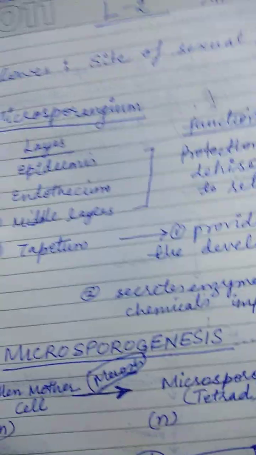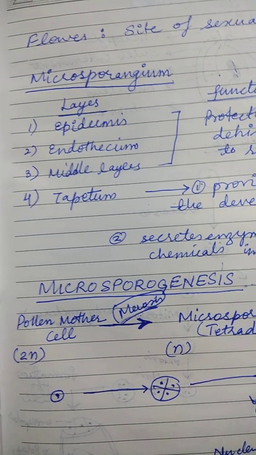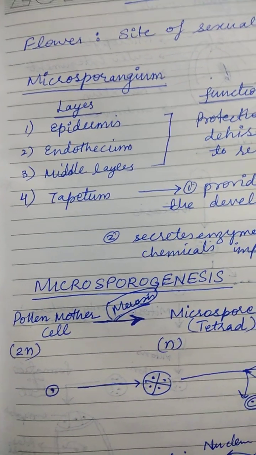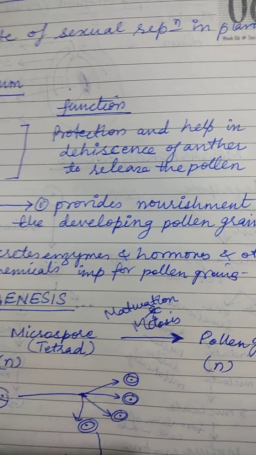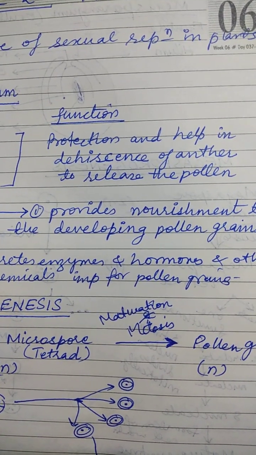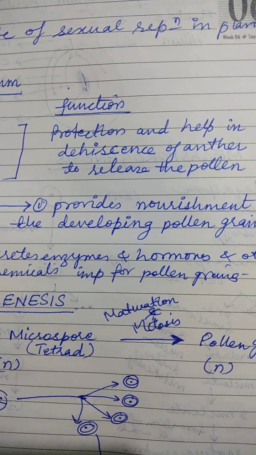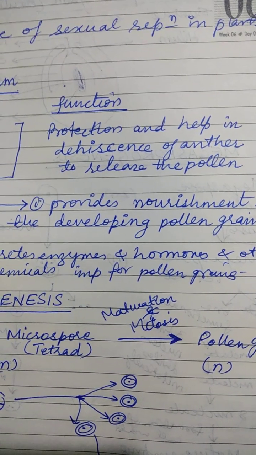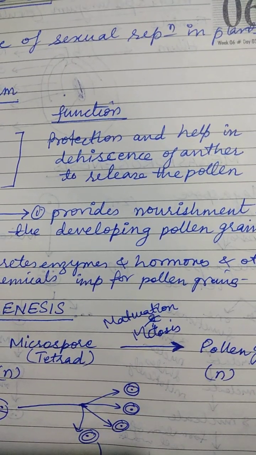Now, what are the functions of the 4 layers of the microsporangium? Epidermis, endothecium, and middle layers have the same function, that is protection of the pollen grains and help in dehiscence of the anther to release the pollen.